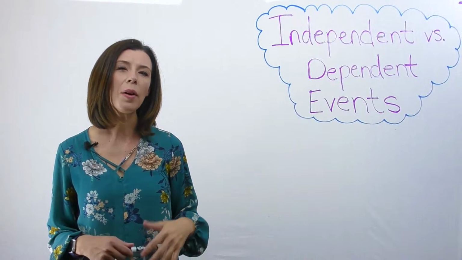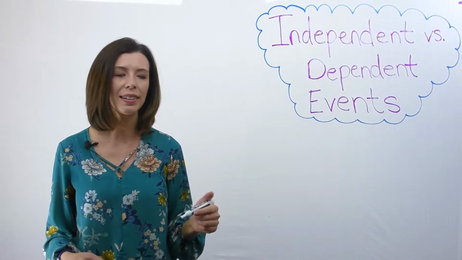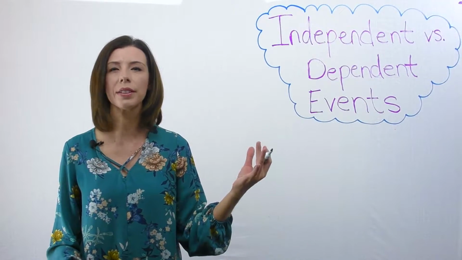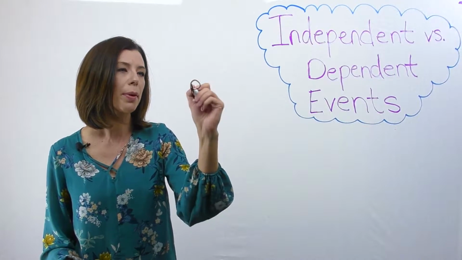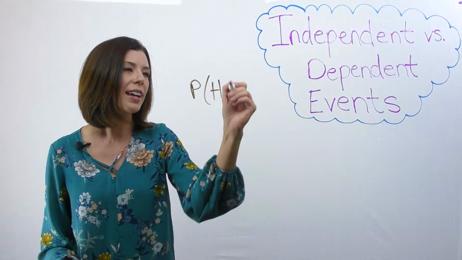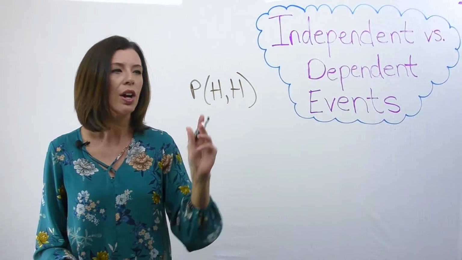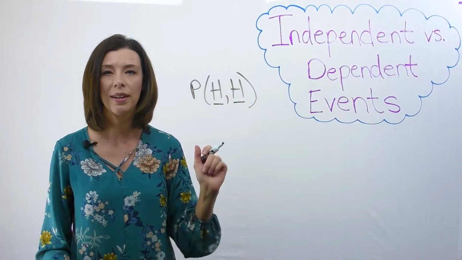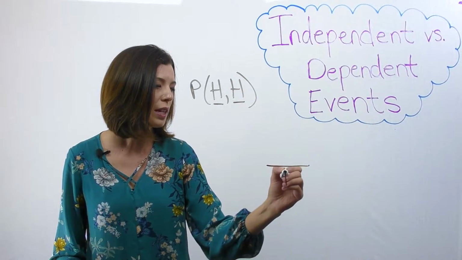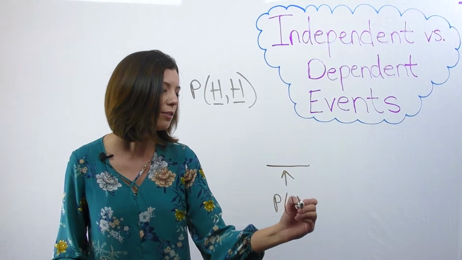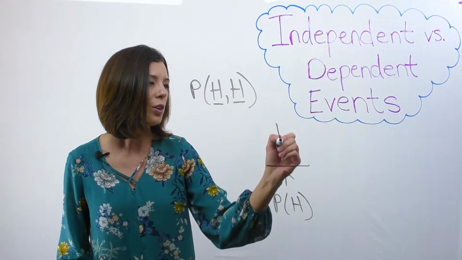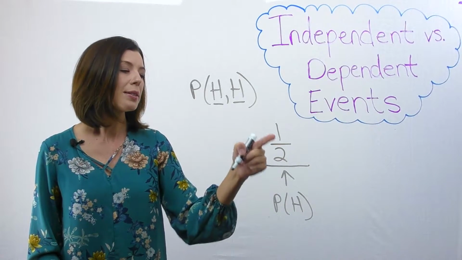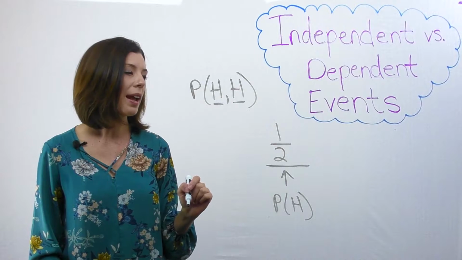When I think about how I'm going to calculate this mathematically, I can think about this as if I have 2 events. So again, let's go back to, I want the probability of flipping heads and then heads again. Notice that I have 2 different events here, and these are independent events. So I know that this is going to be where my probability of flipping a head goes, and I know that since there's 2 sides on every coin and 1 side that's heads, my probability is going to be 1/2.